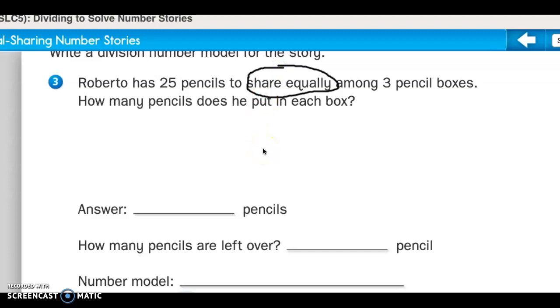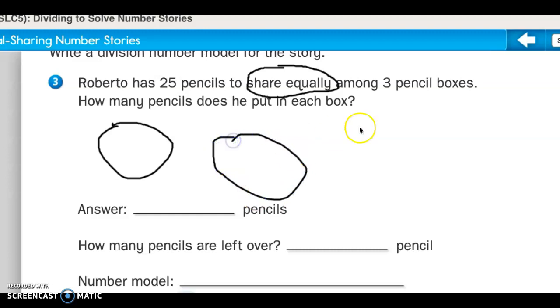So among 3 pencil boxes, how many pencils does he put in each box? So here we go. We've got 3 pencil boxes. Here they are. 1, 2, 3. And he's dividing 25. So we're going to count 25.